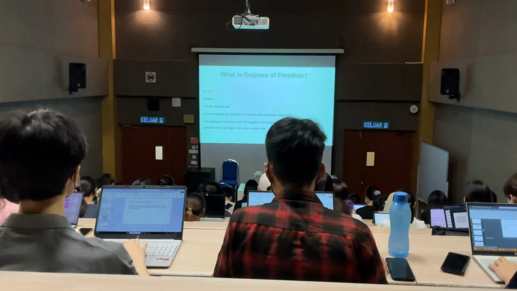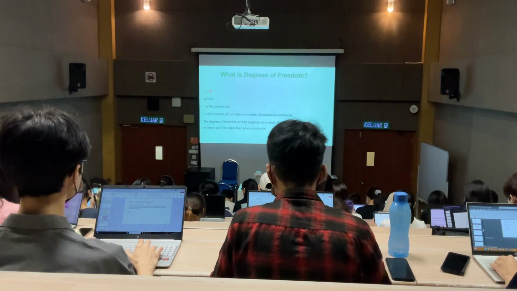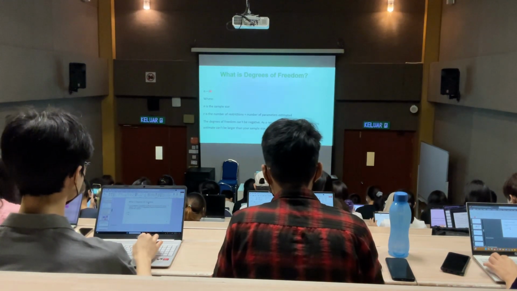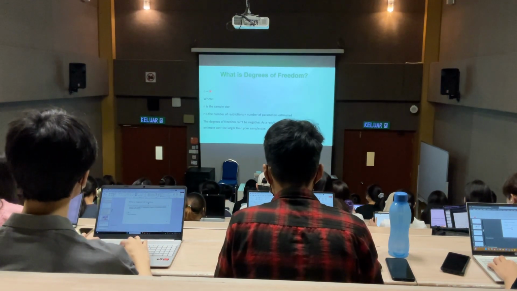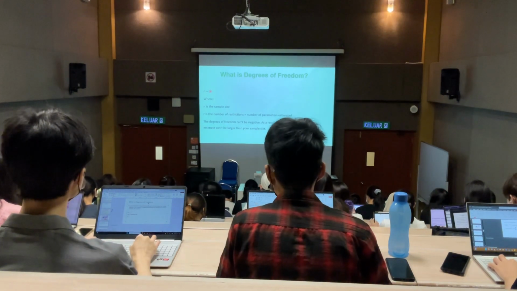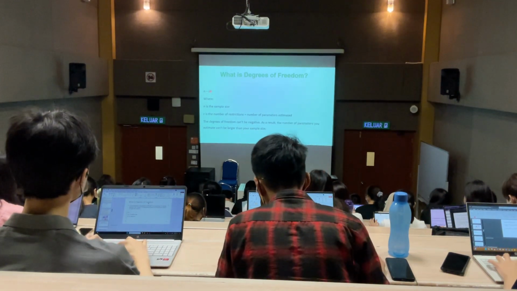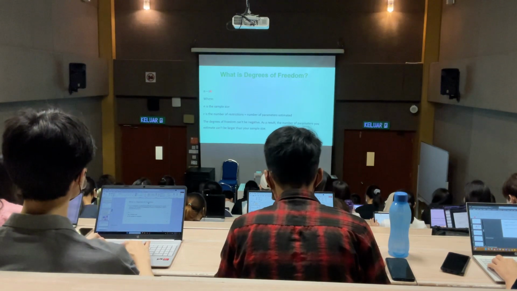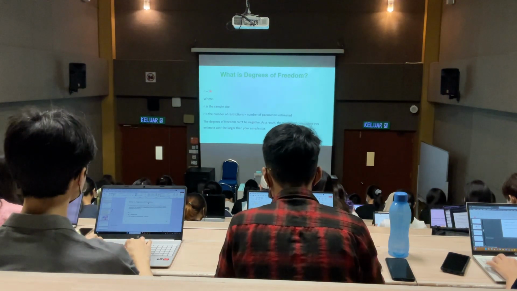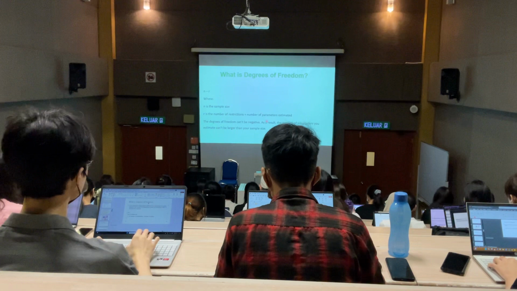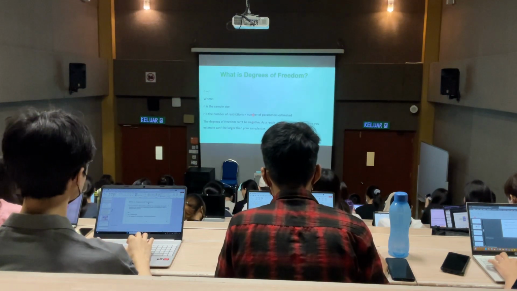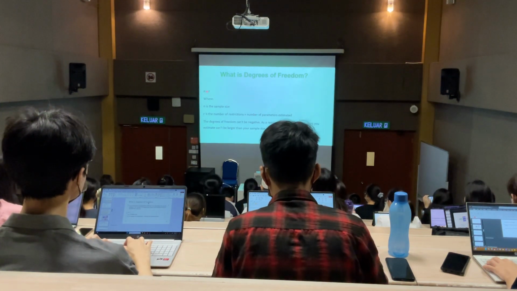R is the number of restrictions, or you can say R is the number of parameters estimated. The degrees of freedom cannot be negative. Please remember that. Your degrees of freedom must always be a positive value. So the number of parameters that you estimate cannot be larger than your sample size.